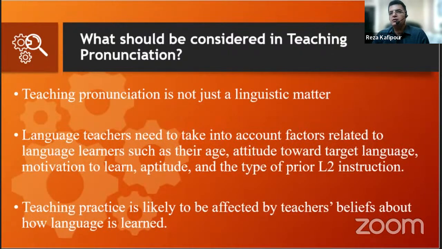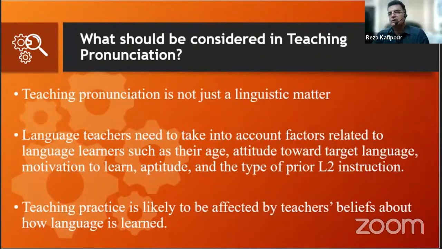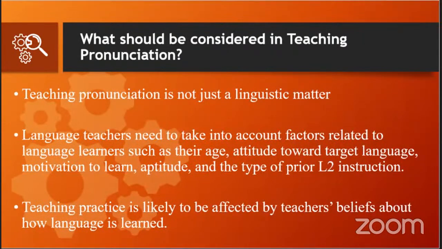One more question is related to the reason. Why do you think implicit instruction is more effective for young learners? Okay, because, again, in my point of view, young learners are not really interested in explicit instruction.